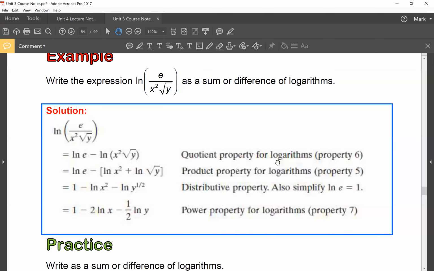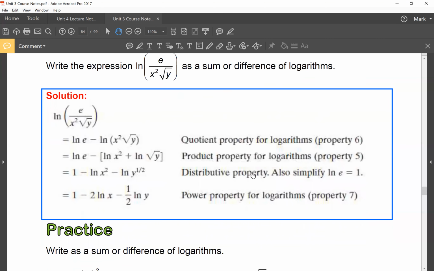Okay, sorry. So for number 1, again, nothing new. First things first, because we have a division sign here, I'm going to subtract. So ln e minus ln x squared plus ln square root of y.